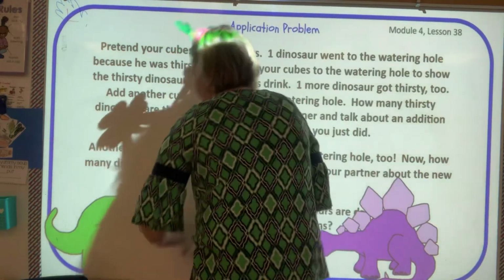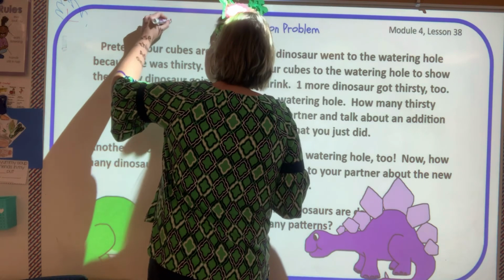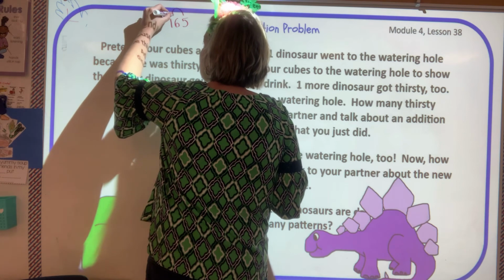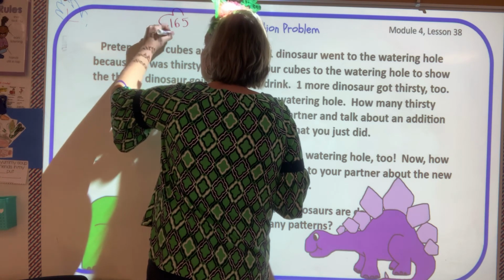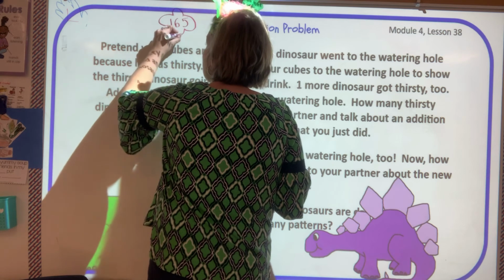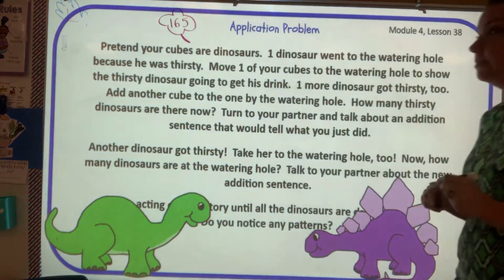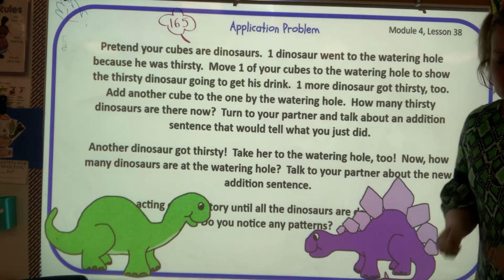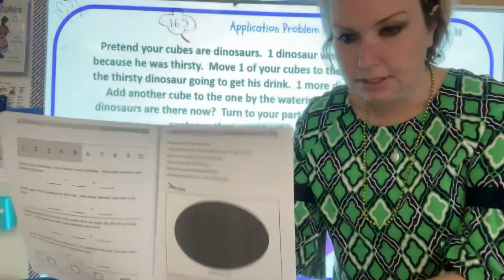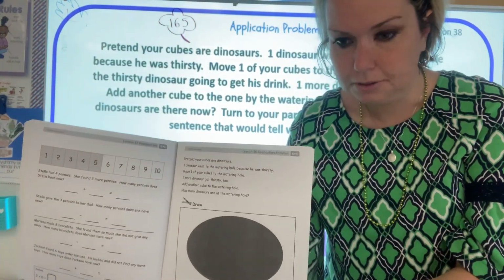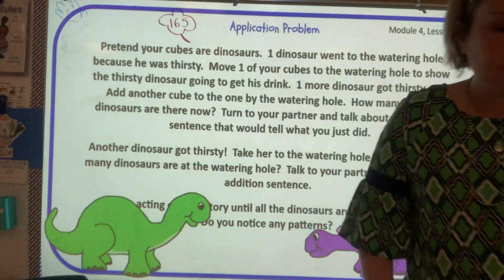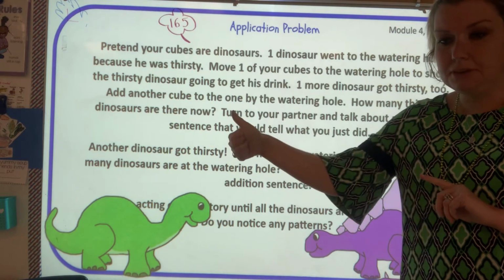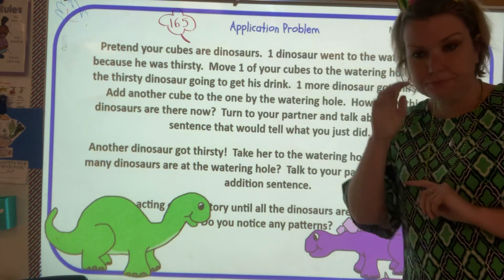It is on page 165. It's going to have a big gray circle in the center that says watering hole. Make sure you have a pencil and 3 cubes. Give me a thumbs up when you have your objects.